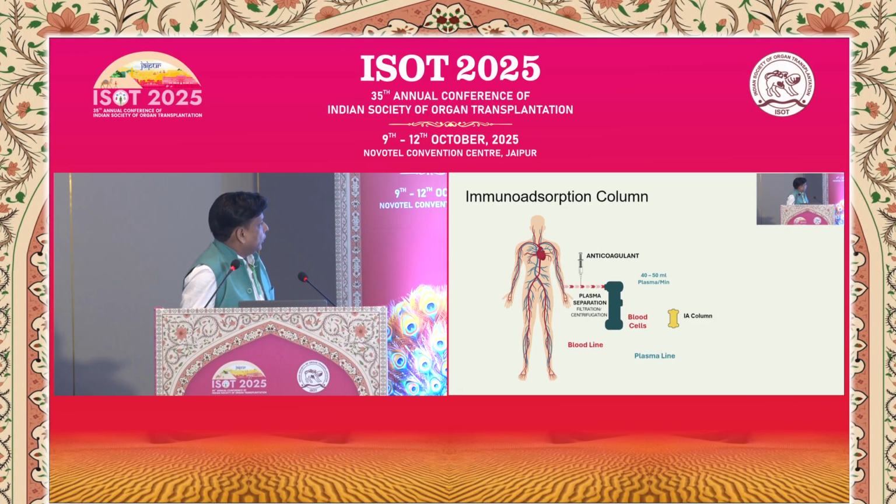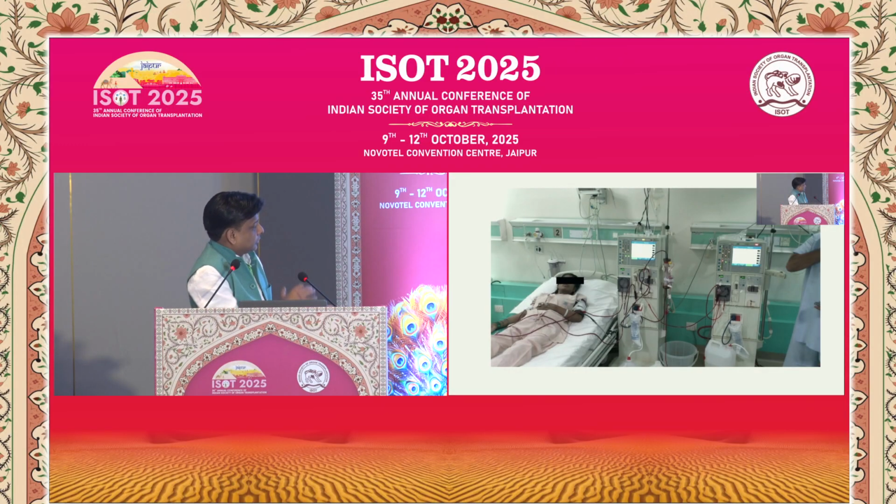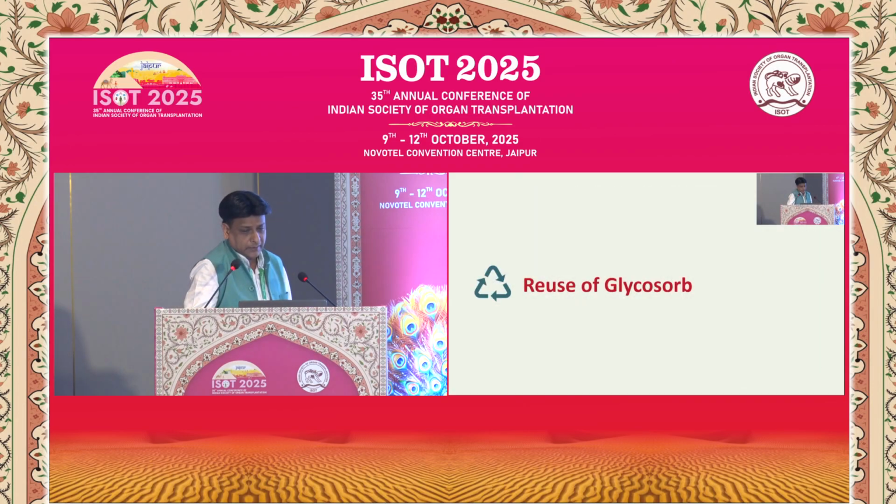So with the immunoadsorption column, what will happen? You basically separate the plasma; blood components go back, and plasma enters the immunoadsorption column and then returns. This is how you have to set up two machines in parallel. This is the plasma filter, this is the immunoadsorption column, and we connect it like this.